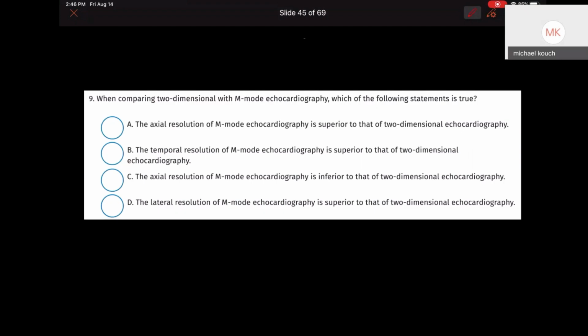Okay. Who wants to read this one? When comparing two-dimensional with M-mode echocardiography, which of the following statements is true? A, the axial resolution of M-mode echocardiography is superior to that of 2D echo. B, the temporal resolution of M-mode echocardiography is superior to that of 2D echo. C, the axial resolution of M-mode echocardiography is inferior to that of 2D echo. D, the lateral resolution of M-mode is superior to that of 2D echo.